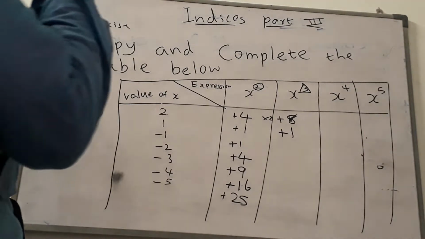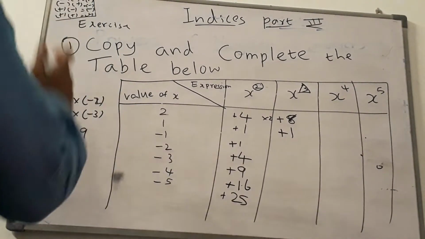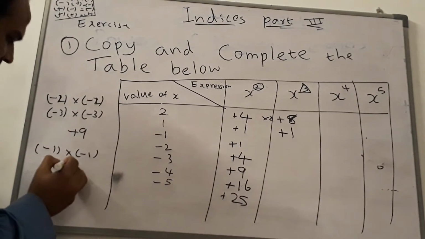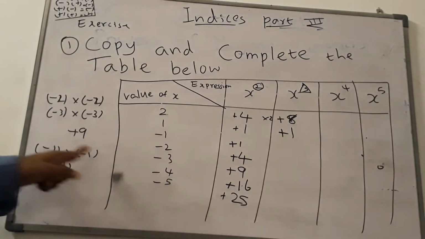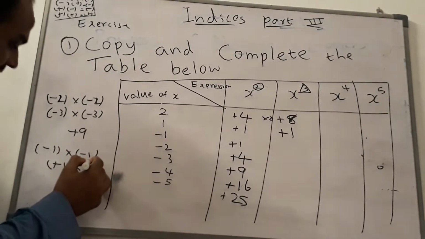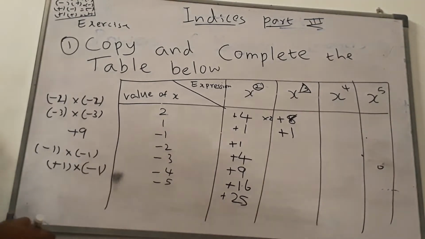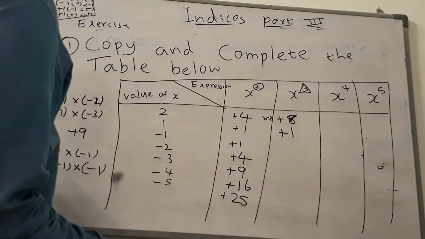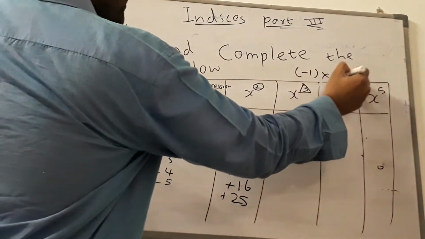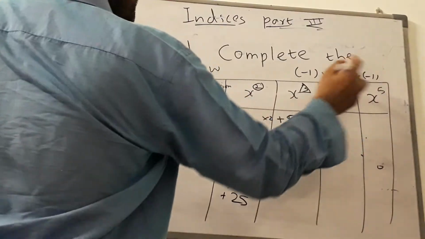What if it is minus 1? We know minus 1 times minus 1 is plus 1. Then we multiply this plus 1 with another minus 1. Minus 1 to the power 3 means minus 1 times minus 1 times minus 1.